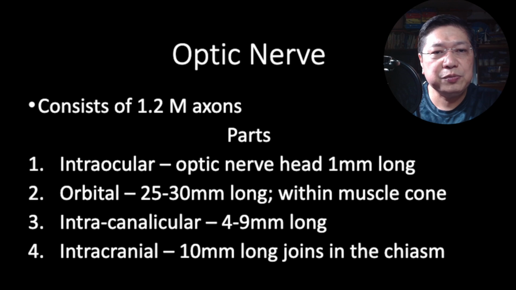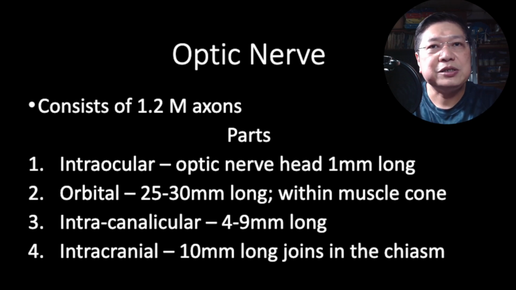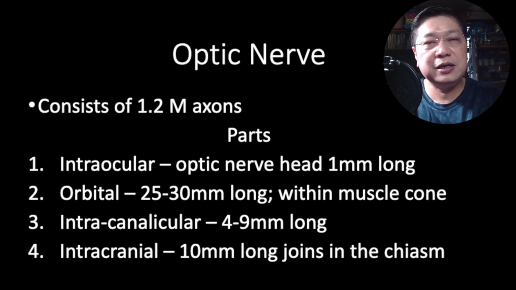The optic nerve consists of about 1.2 million axons. That's per eye, and it's in several parts. You have the intraocular part, which is the optic nerve head, the part that you see when you do a fundoscopy in your patient.